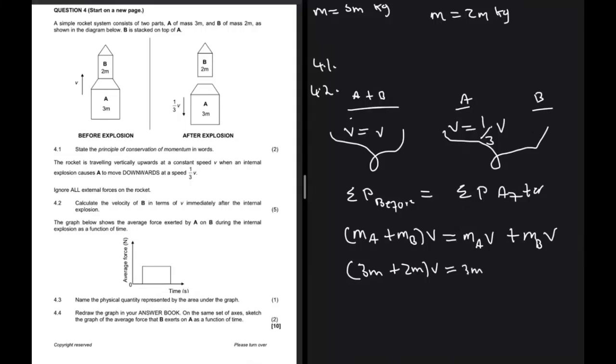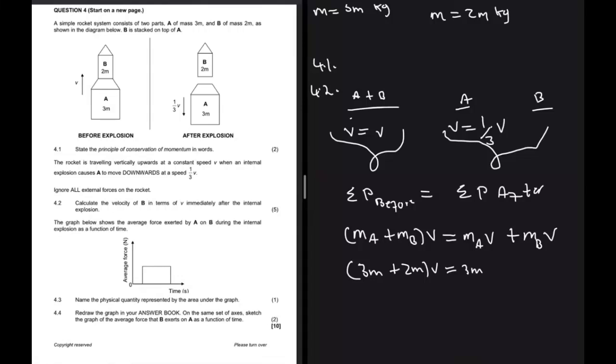The mass of A is 3m, and the velocity is 1 over 3v. But I want you to realize that A is going down, and common sense says we always take up as positive. If you take down as positive, that's fine, but to me it doesn't make sense. Up is positive.